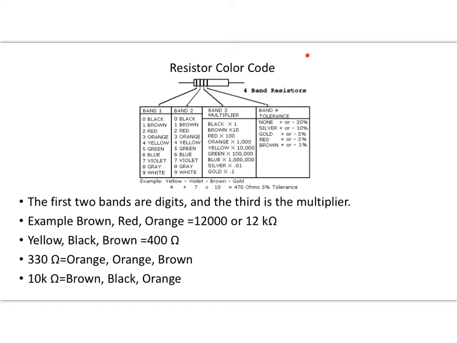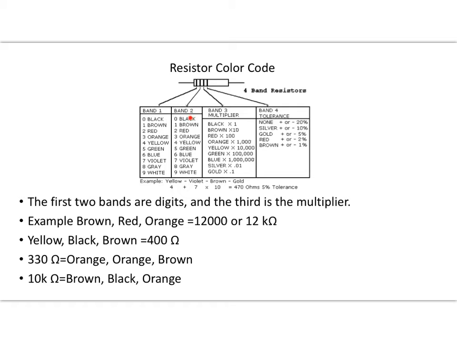So here is a chart that can be used to decode what the resistance is of a particular resistor. And this is showing 4 bands, and the first band, the color, indicates the first digit of the resistor value.